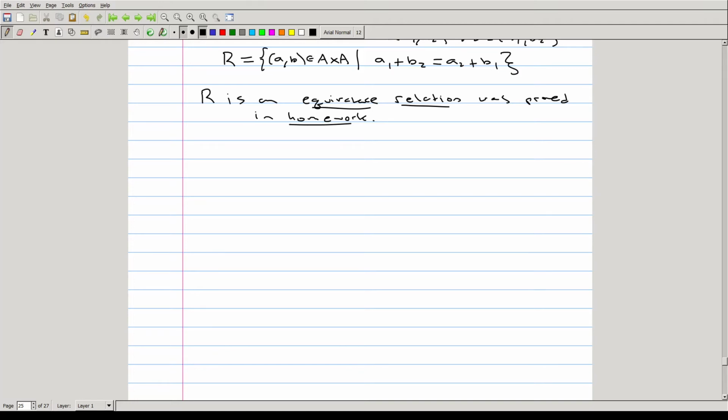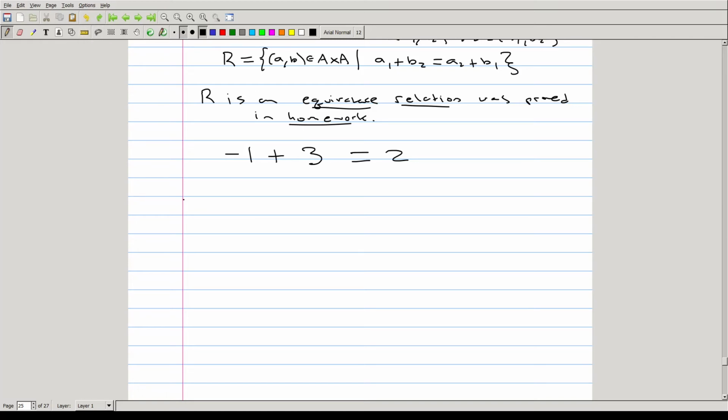Furthermore, if you want to give meaning to something like an integer addition equation, like negative 1 plus 3 is equal to 2, this is entirely possible to do using these equivalence classes.